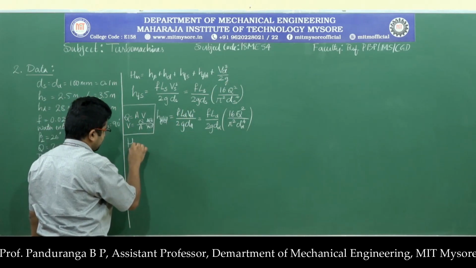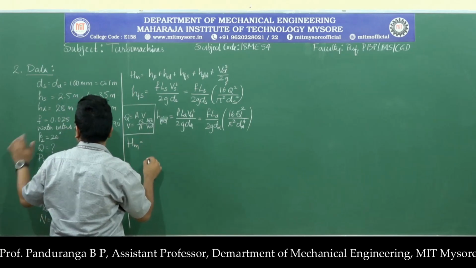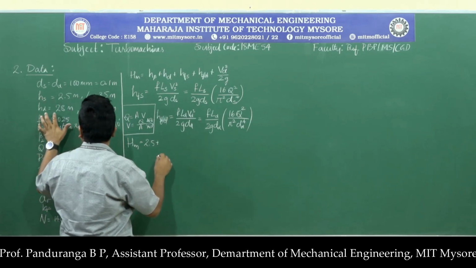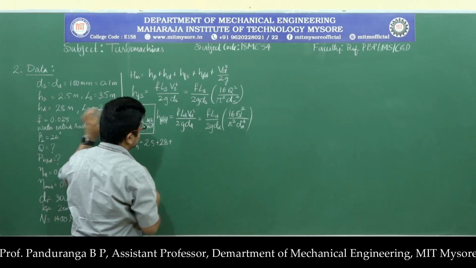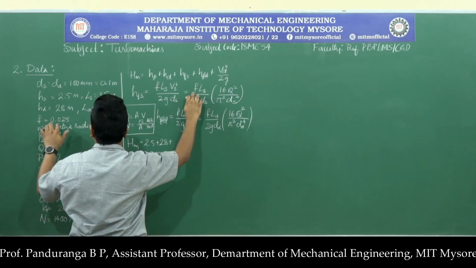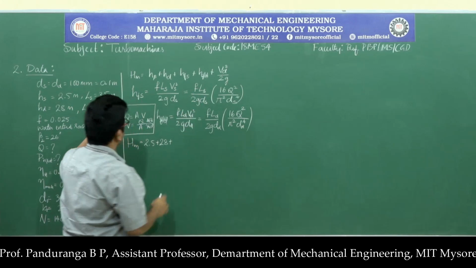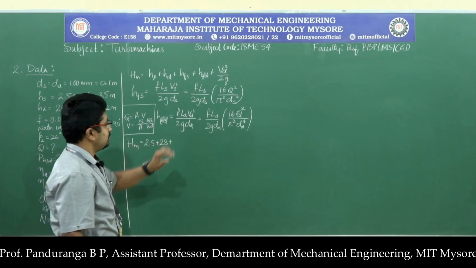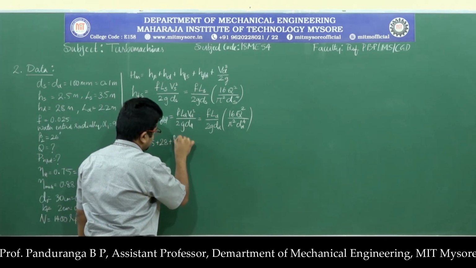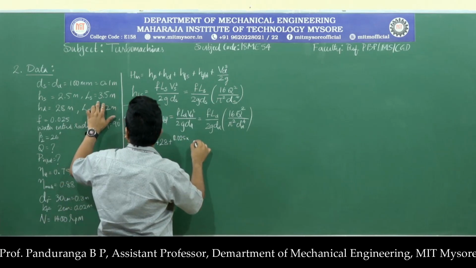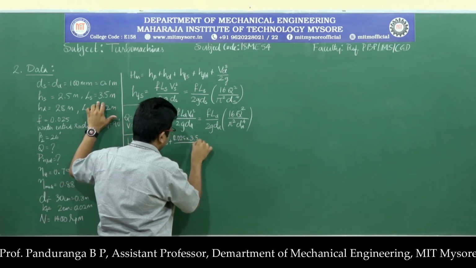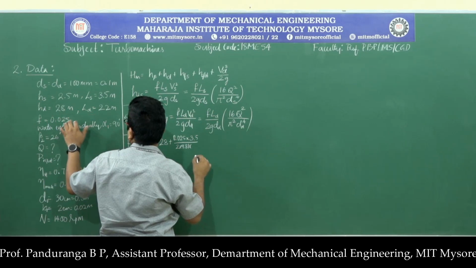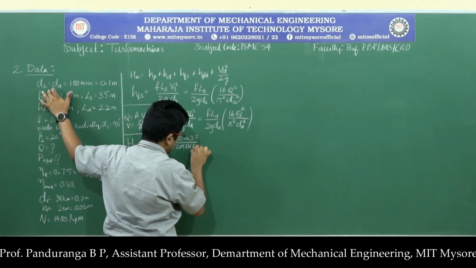Now I will write Hm, so this will be equal to Hs, Hs is 2.5, I will substitute the values directly, plus Hd is 28, plus here f is given 0.025 and L and the diameters are given. So I will write 0.025 into Ls is 3.5 divided by 2 into 9.81 into ds is 0.1.